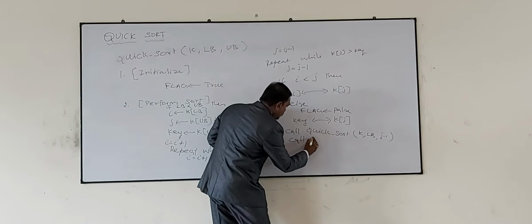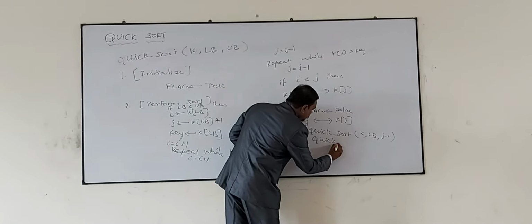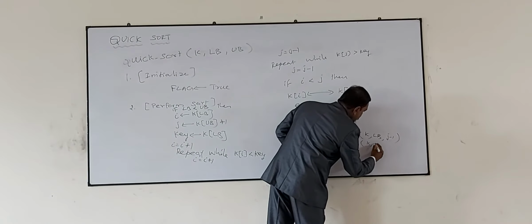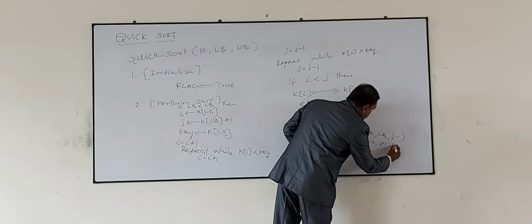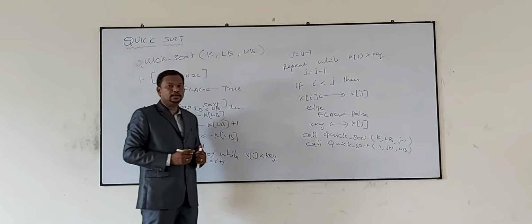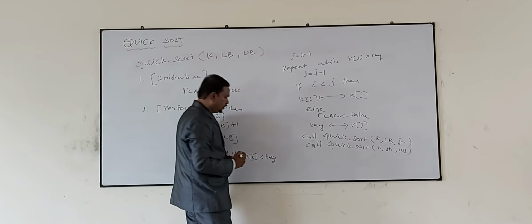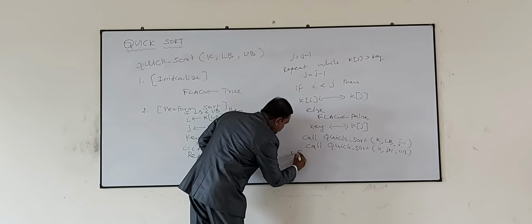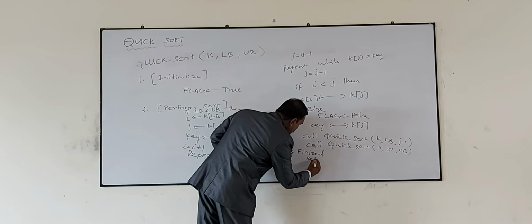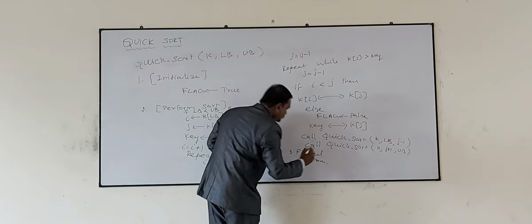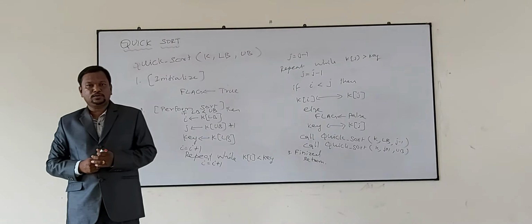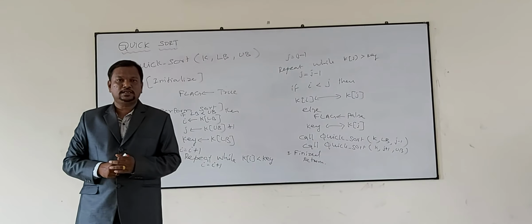Then call quicksort K, j plus 1 to upper bound. Again recursively it will call, the same process will be continued. At last, this is the quicksort algorithm. We can write this program either in C, C++ or Java.